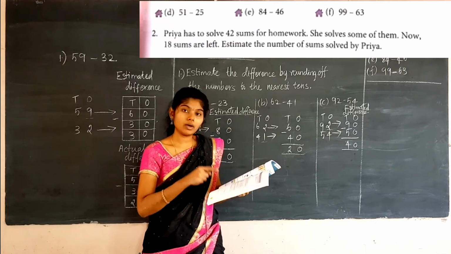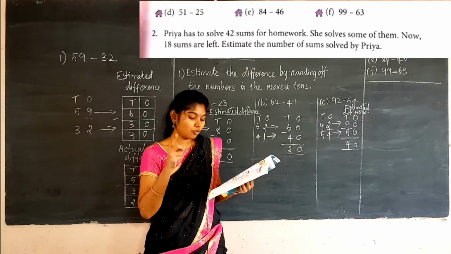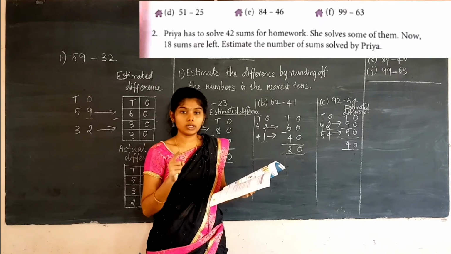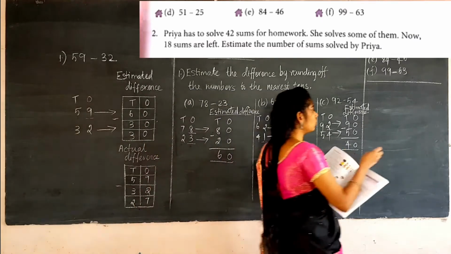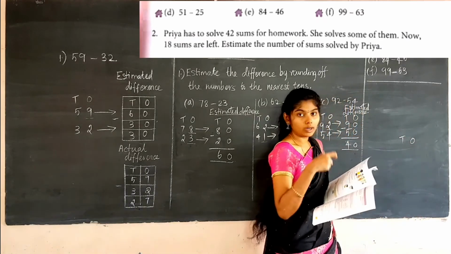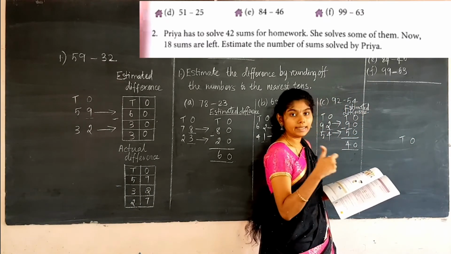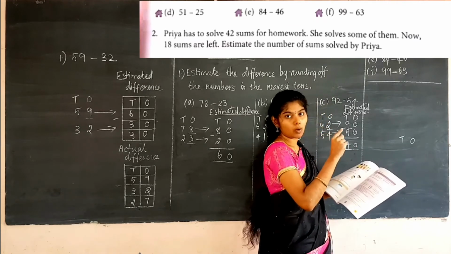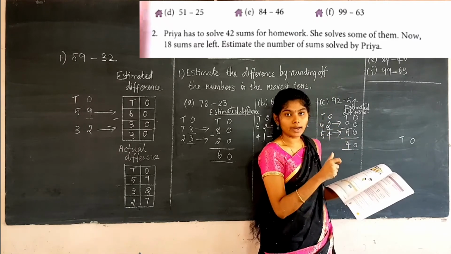To find that number, we have to write those two numbers, 42 and 18, and subtract 18 from 42. To subtract, we give the places, ones place and tens place. Then you write the numbers 42 and 18 in the places. First we write the solution part, what is given.